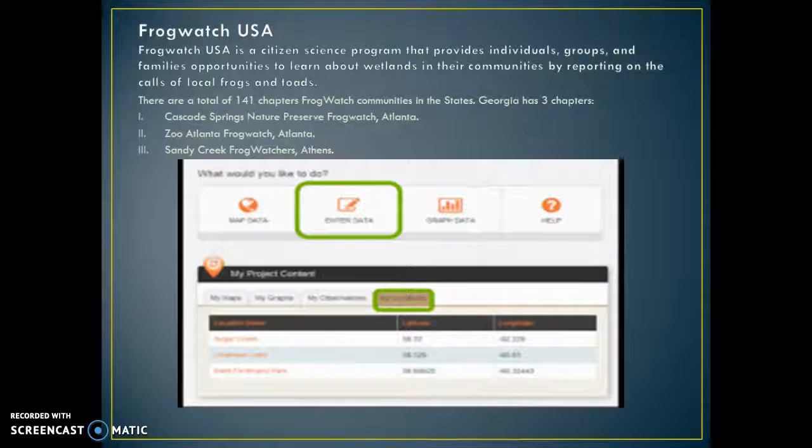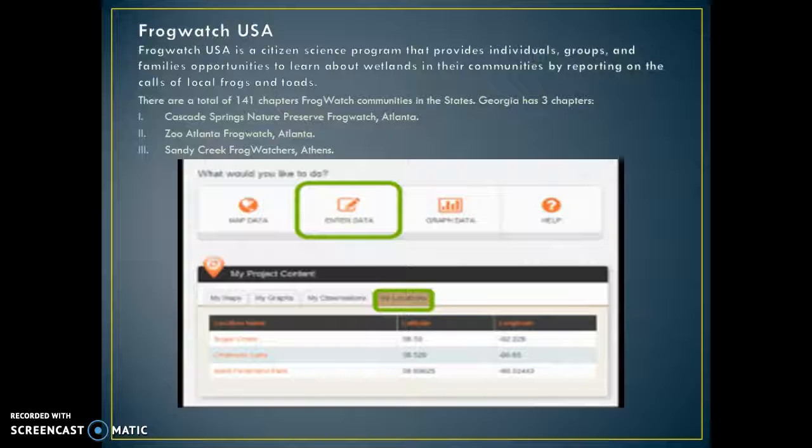And then for Athens, I thought Frog Watch USA would be very interesting because it has so many chapters, and three of them are in Georgia, two in Atlanta and one in Athens at Sandy Creek Frog Watchers. You'll be trained on how to observe the calling of frogs.